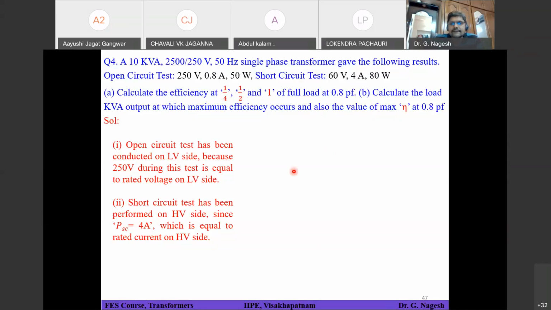What is the value of PC, the core losses? 50 watts. Okay, so core losses are 50 watts. Now you have to find the copper loss at 1/4 of your full load current. What will be that value?